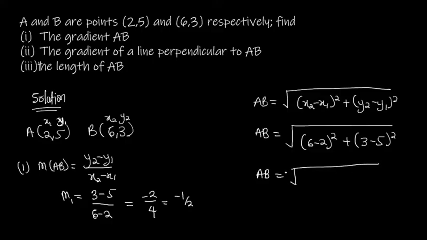The length of AB will be equal to 6 minus 2 will give me 4 squared, plus 3 minus 5 will give me negative 2, so I have negative 2 squared. So the length AB is equal to the root of 4 squared is 16 plus negative 2 squared is 4, and this is equal to the root 20.